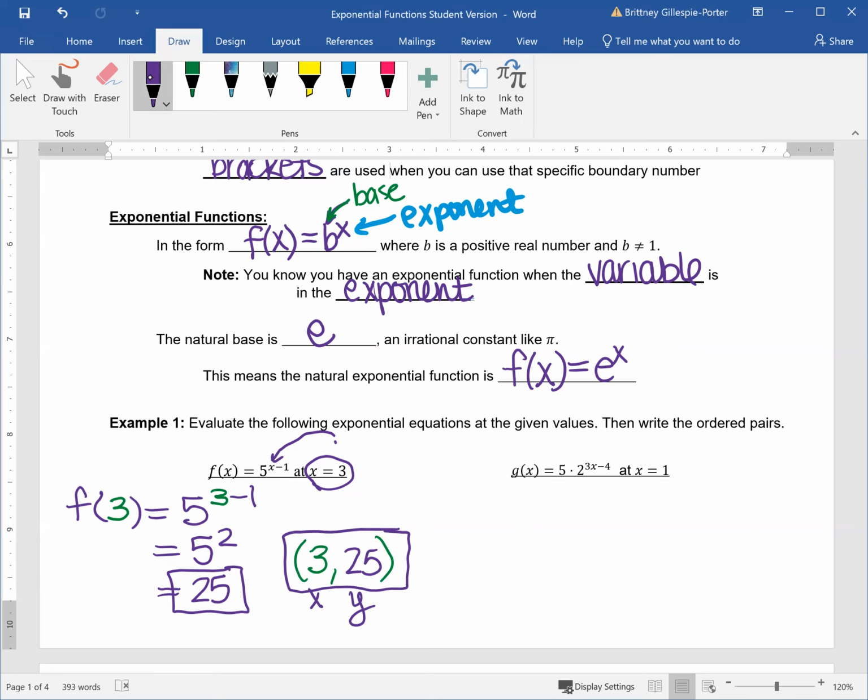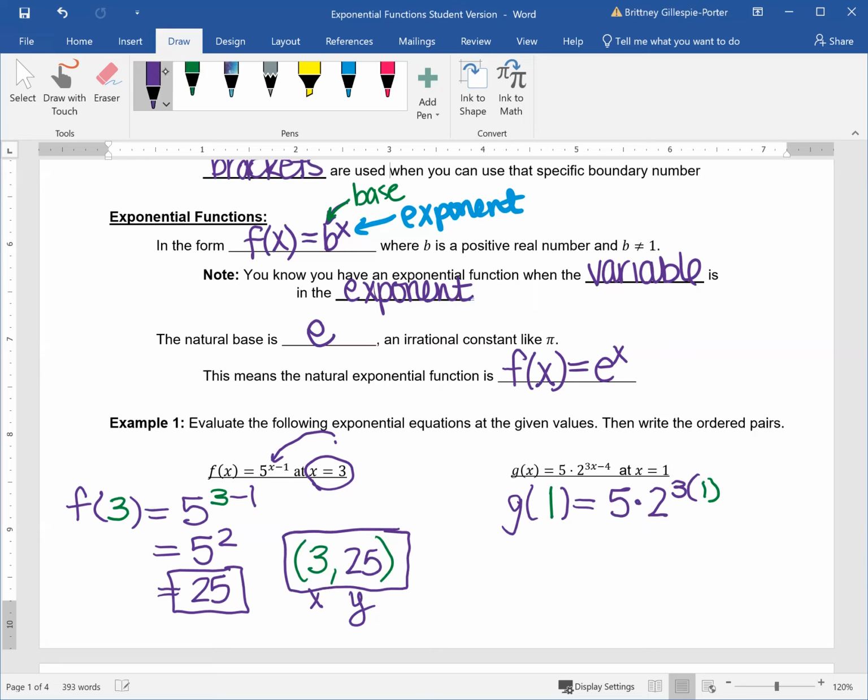Looking at your second example, we're asked to find g of 1 in this exponential. Again, we know it's an exponential because we have our x in the exponent.